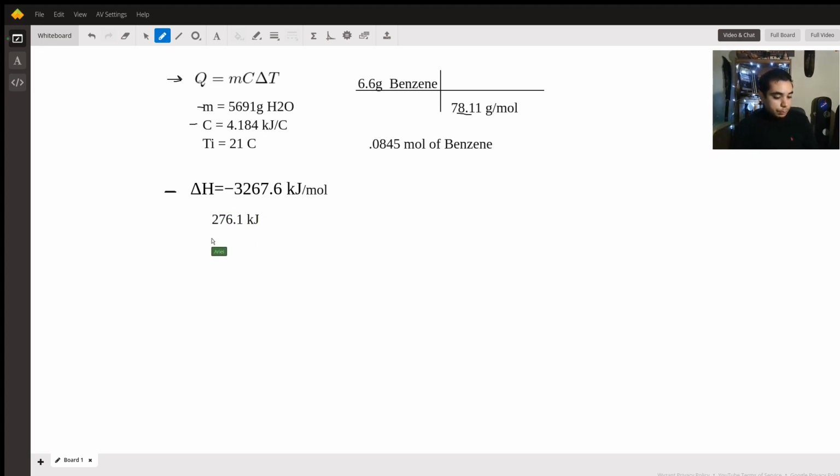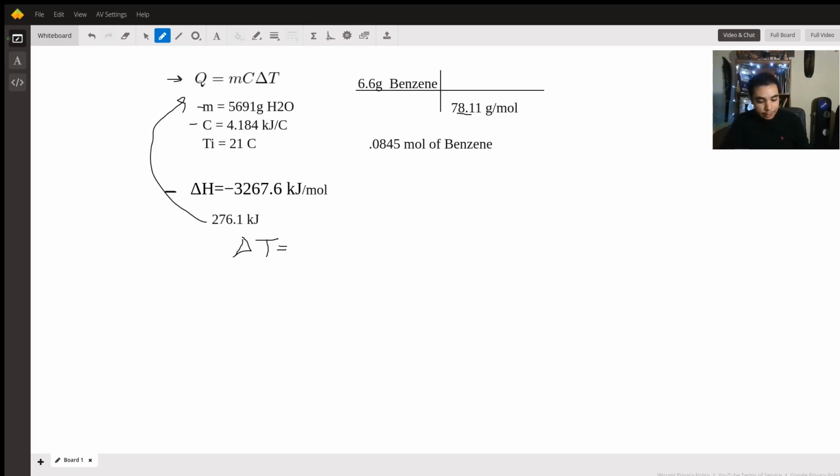So if that's all we've got, now we can just plug that right into our equation here. Just to save some time, let's go ahead and calculate the delta T right away, and then we're just going to subtract the initial temperature to get our final answer.